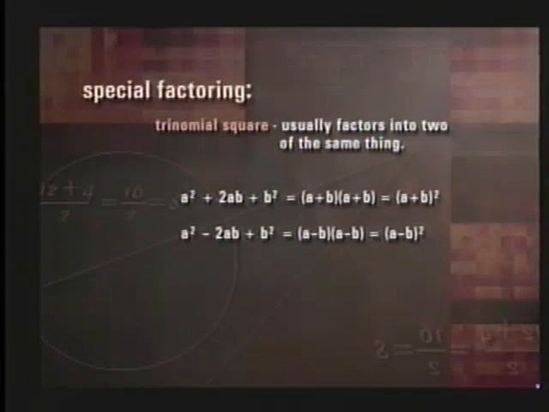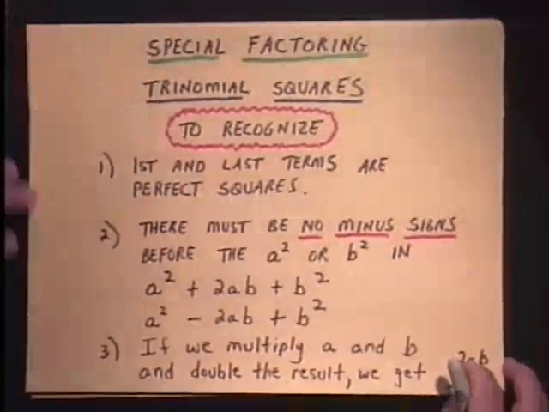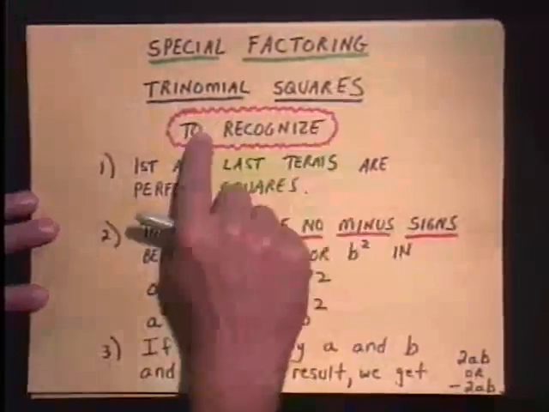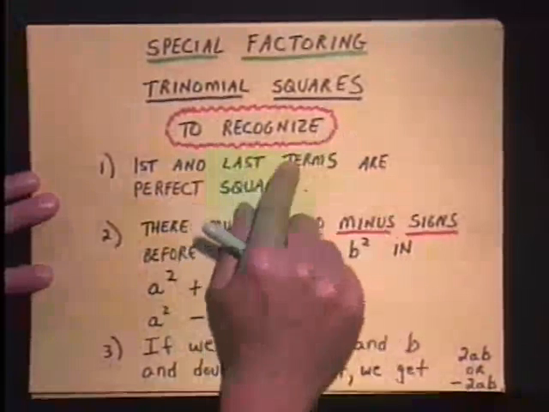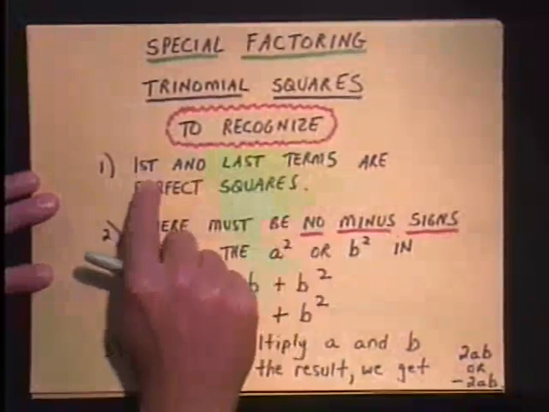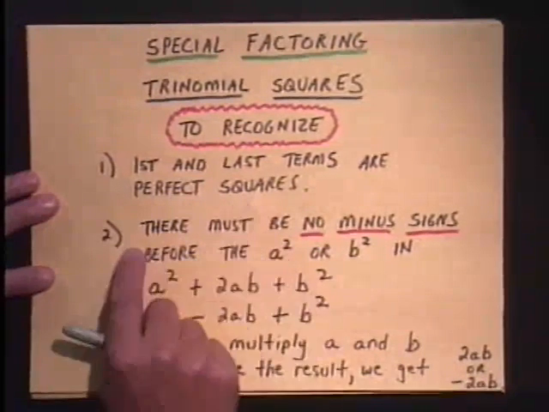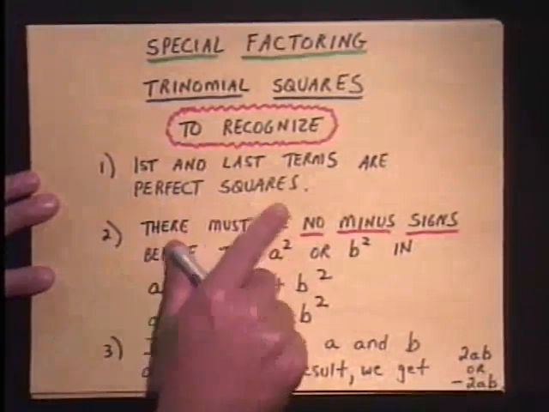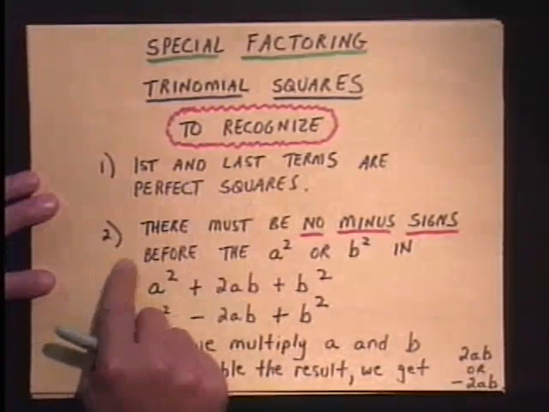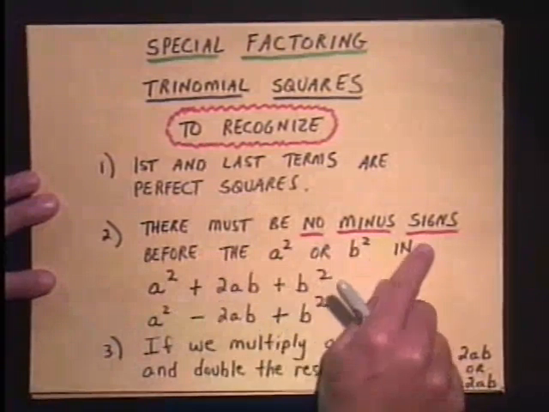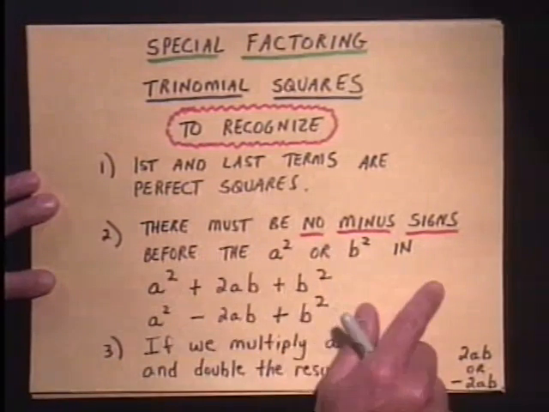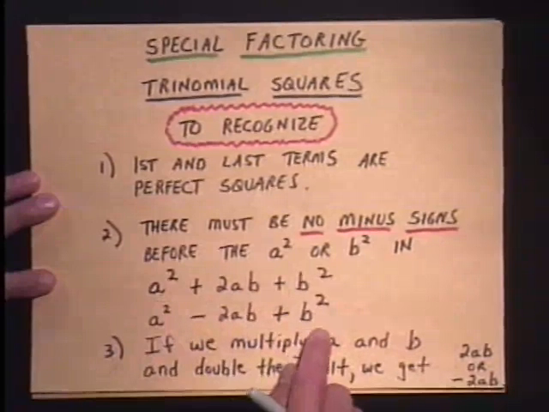So let's go to some examples here, which are really some more notes I started out with. In the special factoring problems, trinomial squares, here's how to recognize them. And they're pretty easy too. The first and last terms are perfect squares. Okay, that's the first step to be a trinomial square. Step 2, there must be no minus signs before the a squared or b squared in that general form we went over.